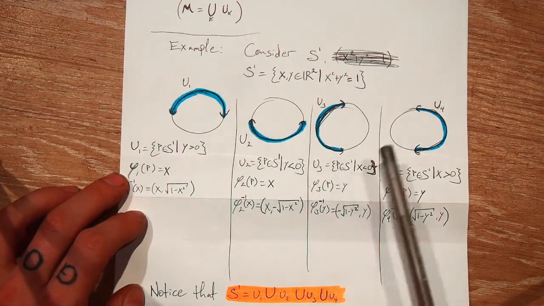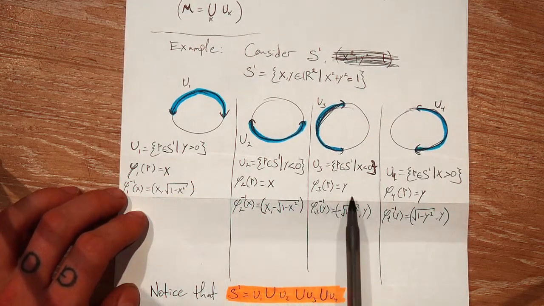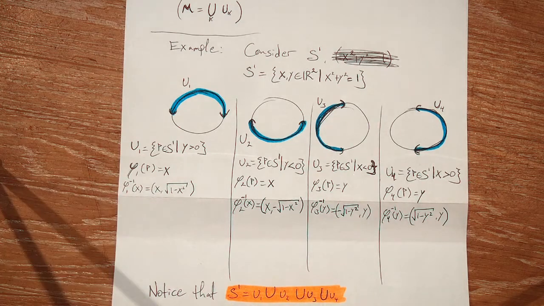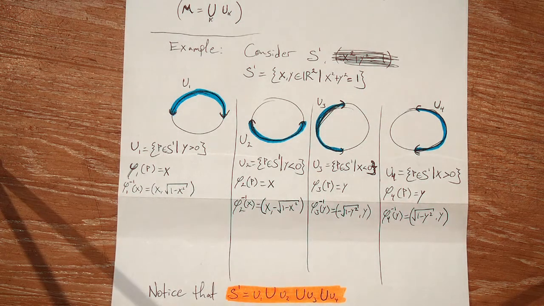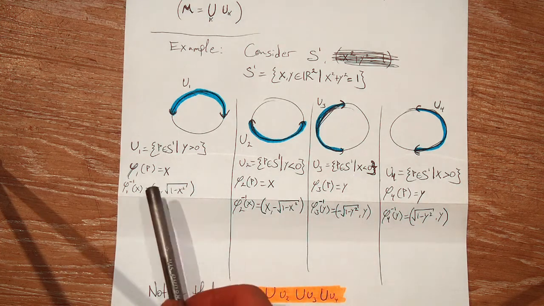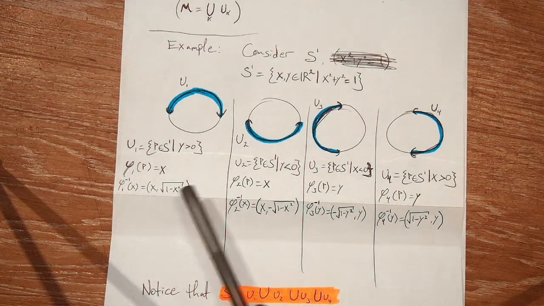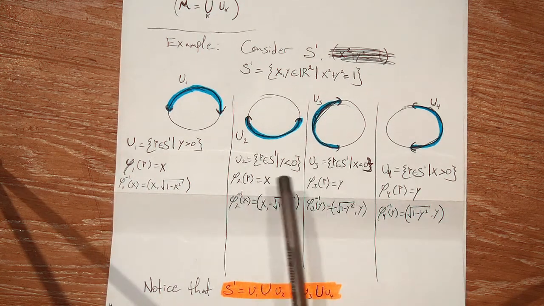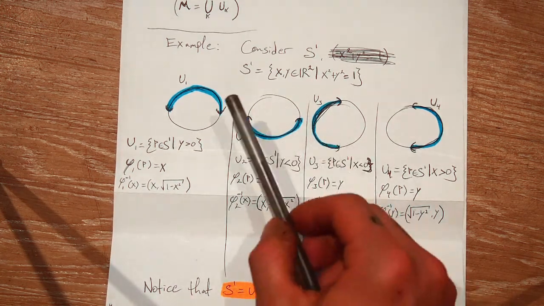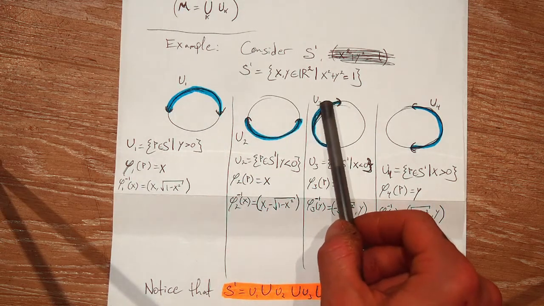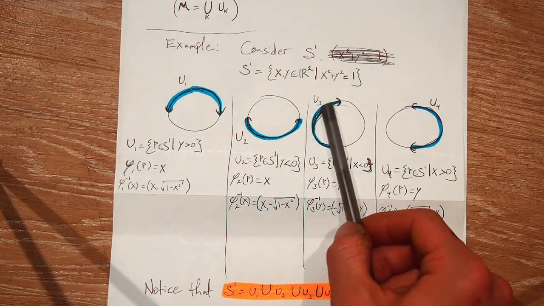So then we have 4 charts, and we need to check whether they're C^k compatible. It's actually very straightforward to check whether they are, but I will leave that up to you if you're worried. You can just pick 2 of them, say phi 1 and phi 3, compose one with the inverse of the other, and look at the derivatives. On the domains where the sets intersect, right, U1 and U3 would only be looking at this quarter of the circle.